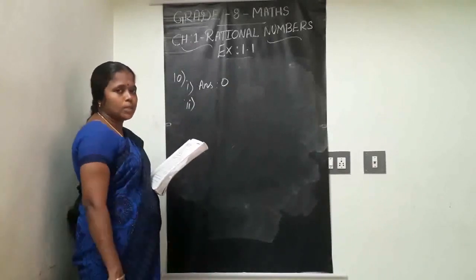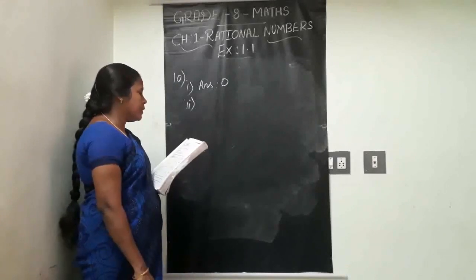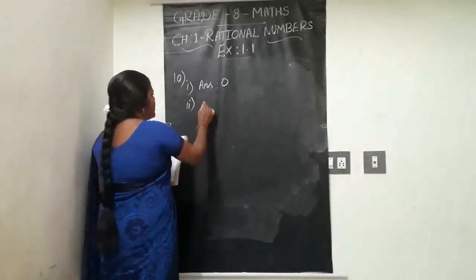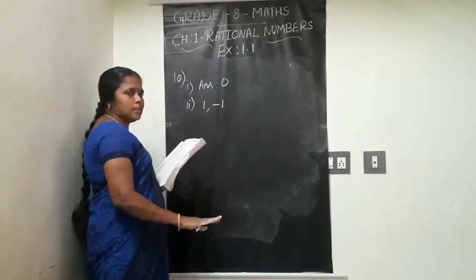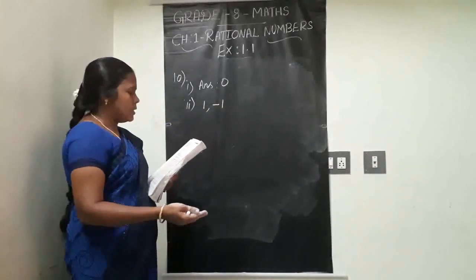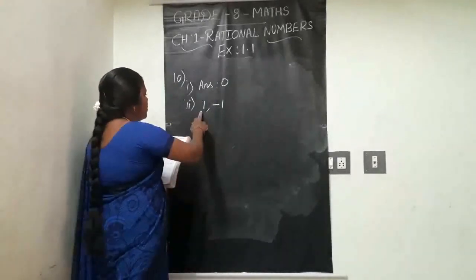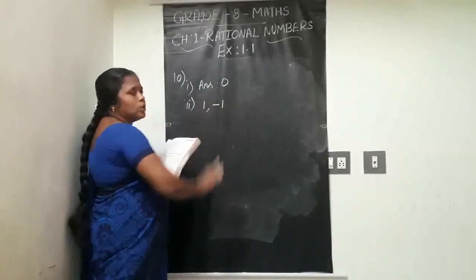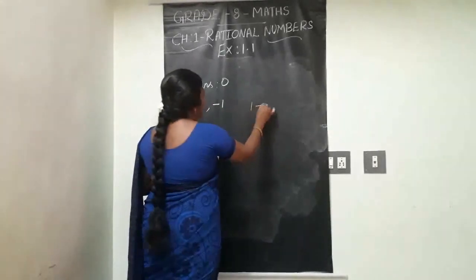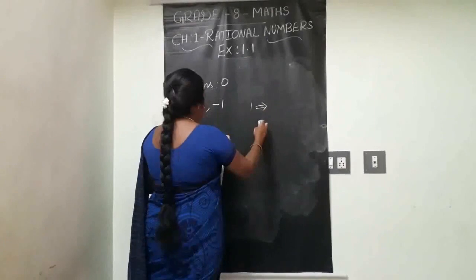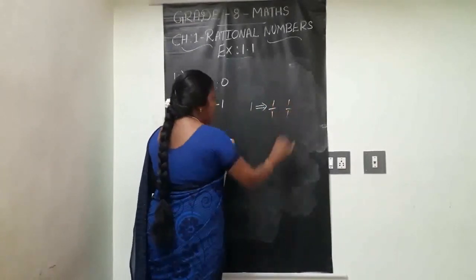Second question. The rational numbers that are equal to their reciprocals. What are those numbers? Answer is 1 and minus 1 only. Which two numbers? These two numbers only. Why? If you take 1, what is its reciprocal? 1 by 1. Even if you repeat, you will get the same.